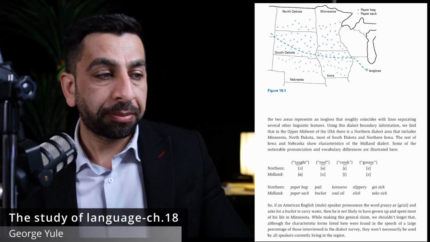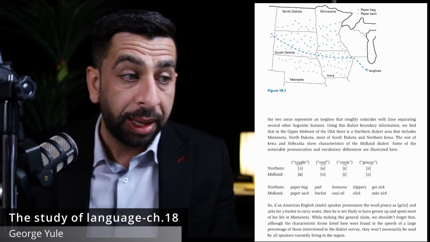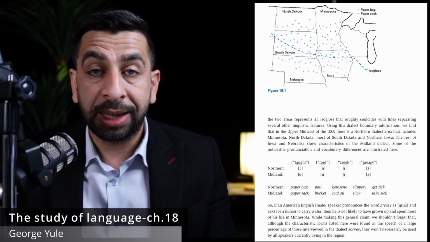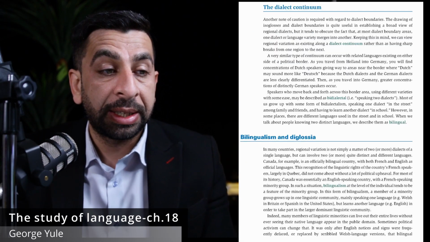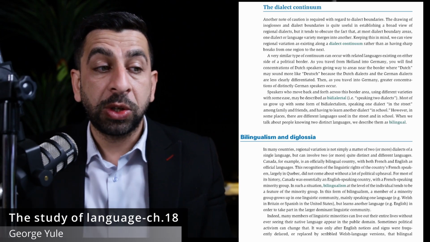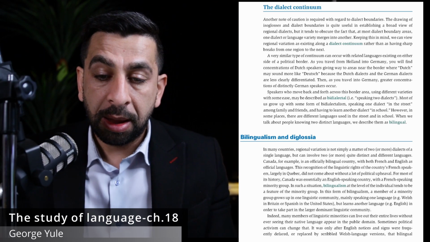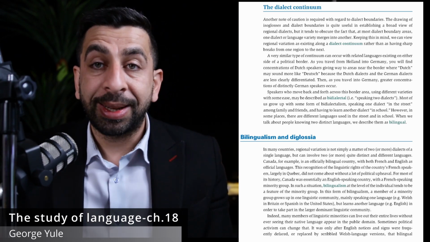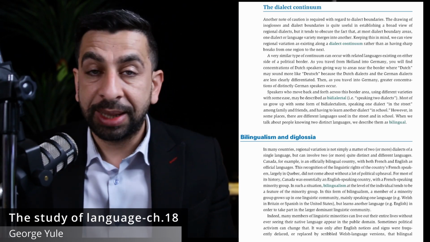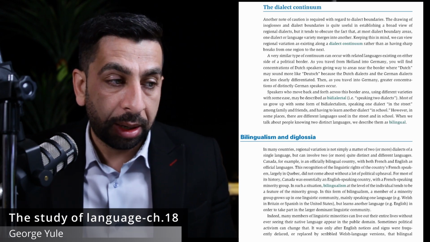Dialect continuum. Another note of caution, ممكن ملاحظة أخرى للتنبيه, is required with regard to dialect boundaries, حدود اللهجات. The drawing of isoglosses and dialect boundaries is quite useful in establishing a broad view of regional dialects حتى يمكننا من أخذ رؤية واسعة عن regional dialects أو اللهجات يعني وتوزيعها حسب المنطقة.